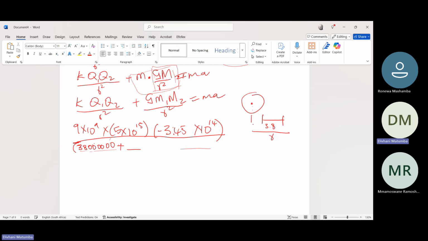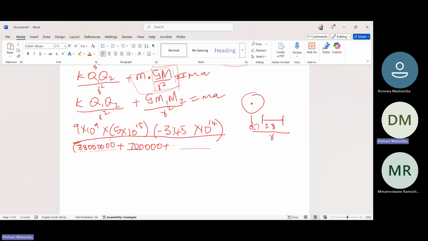So this is 3.8. Then the other one, I think it was 0.7 or 700 kilometers. So 700 will be 700. Then I will add 1, 2, 3 zeros.